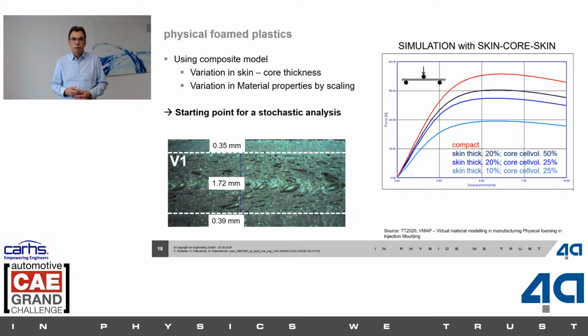What we can also do with our software solution is set up quite easily a part composite material with skin and core material properties, and that could easily be a starting point for stochastic analysis. Here, as an example, you can see the compact behavior and how it changes if you vary the thickness of the skin and the core and the percentage of gas in the core.